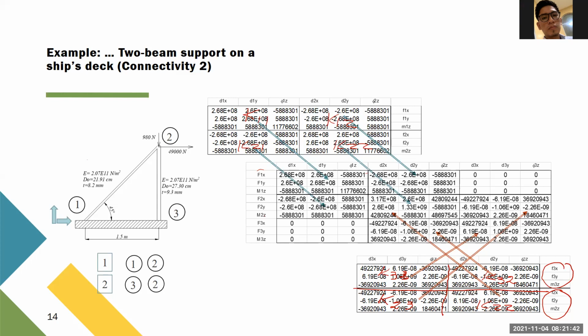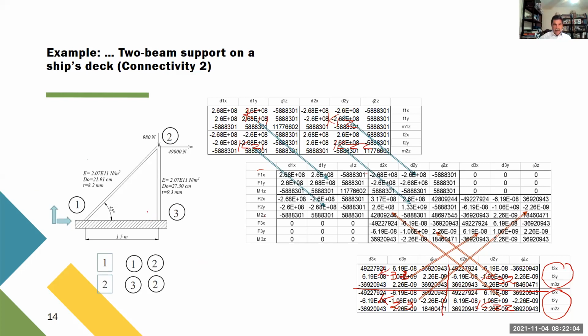Doctor, I have a question. For example, we find the matrix for element 2. Is the order of the components necessary, 3, 2, or can we use 2 or 3?